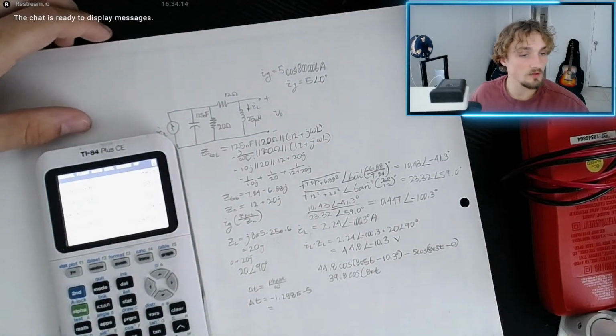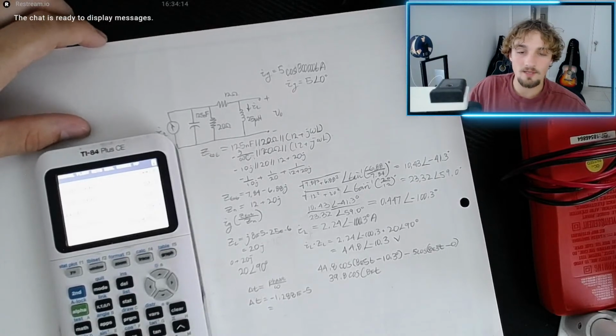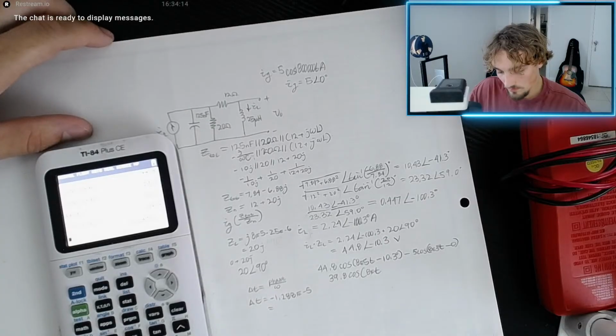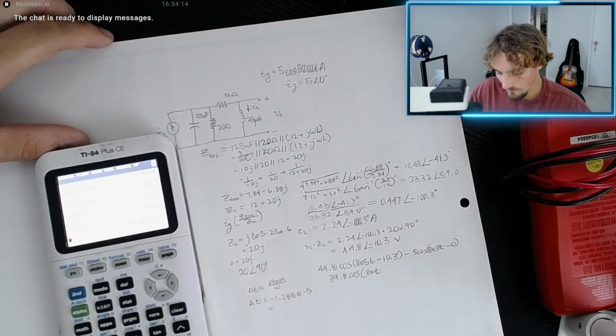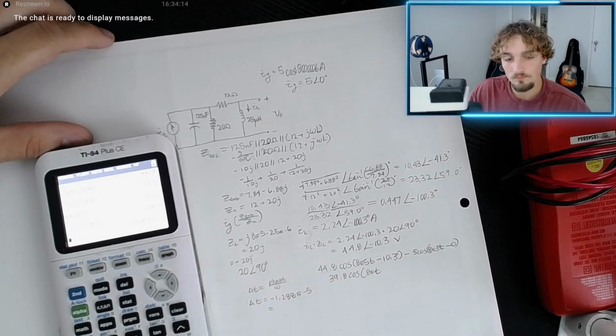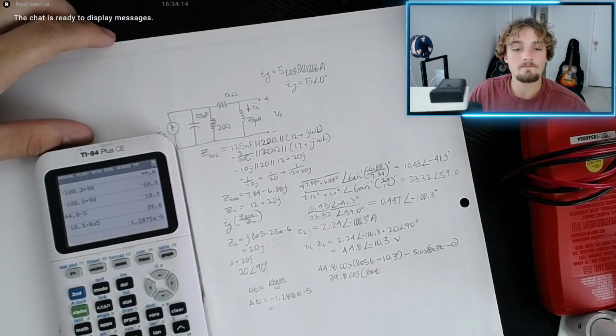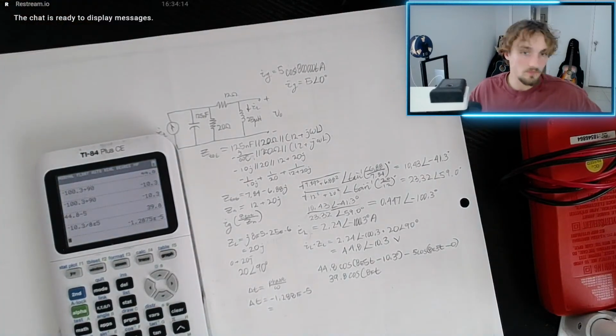I don't know how to solve for that. But how many nanoseconds does V out lag IG? Alright, fine. Yeah, let me look this one up.